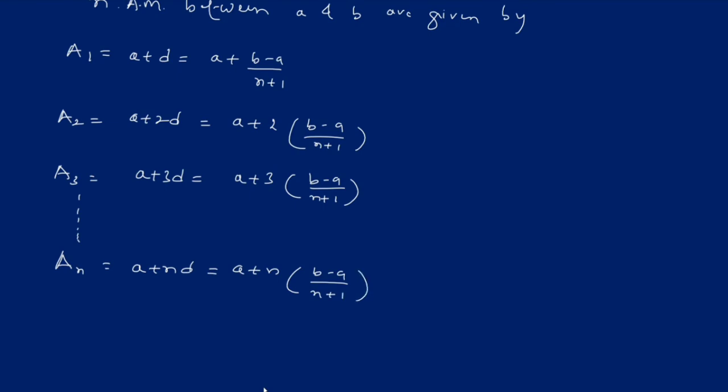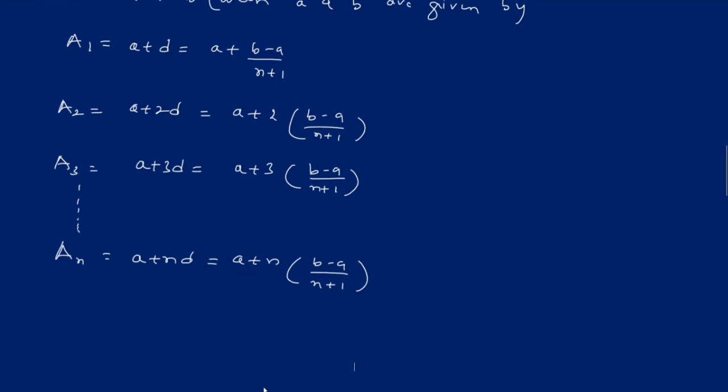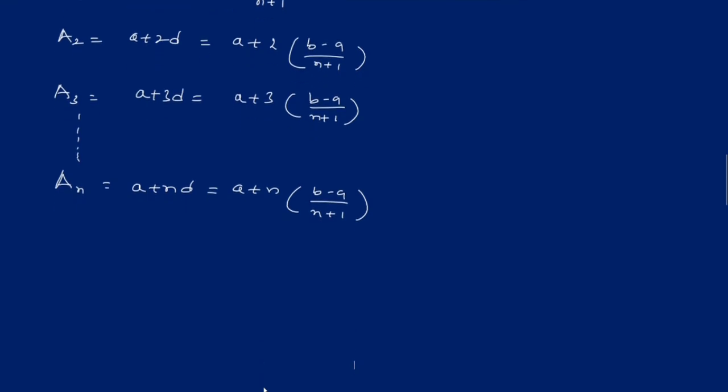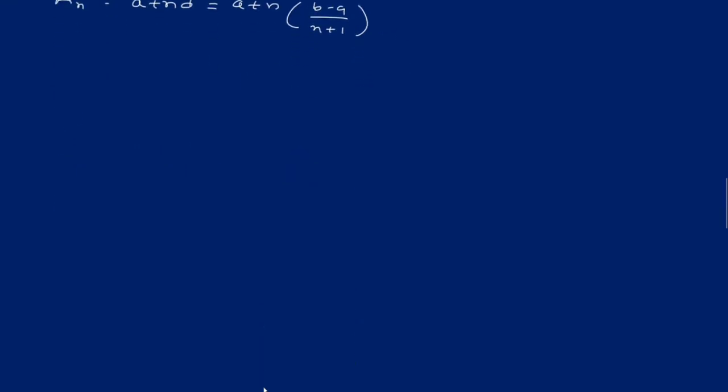So it is the nth term: a plus n into (b minus a) upon (n plus 1). When we add n terms in between a and b, those are the arithmetic means, right? Next we will see the examples.